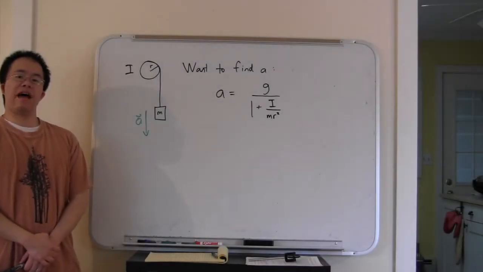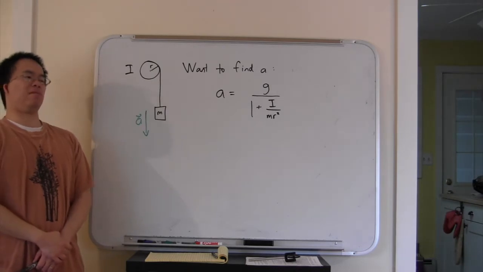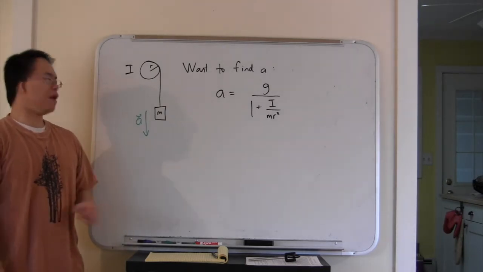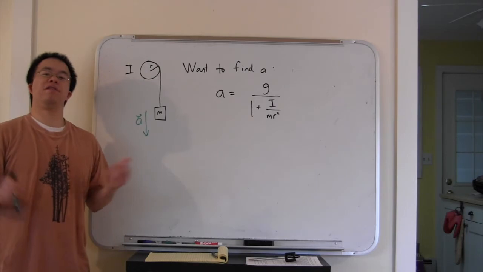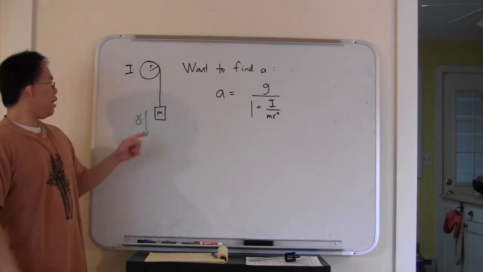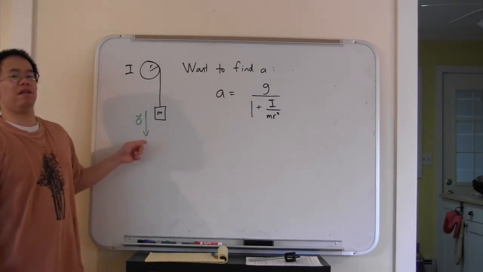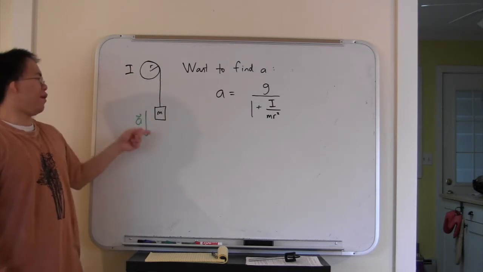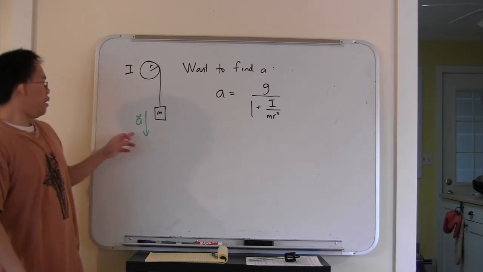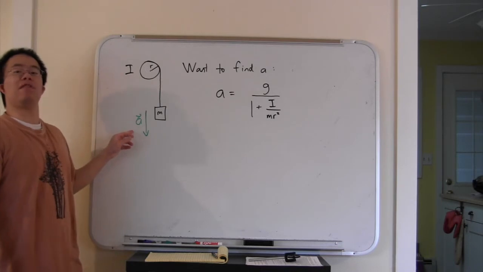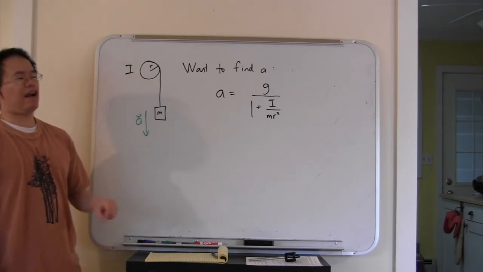So just to recap from what we talked about last time, last week in class and in lab we developed theoretical models for what's going on, and in particular for the acceleration of our falling mass as it unwinds. Now I've drawn here the acceleration as a vector indicating its direction.